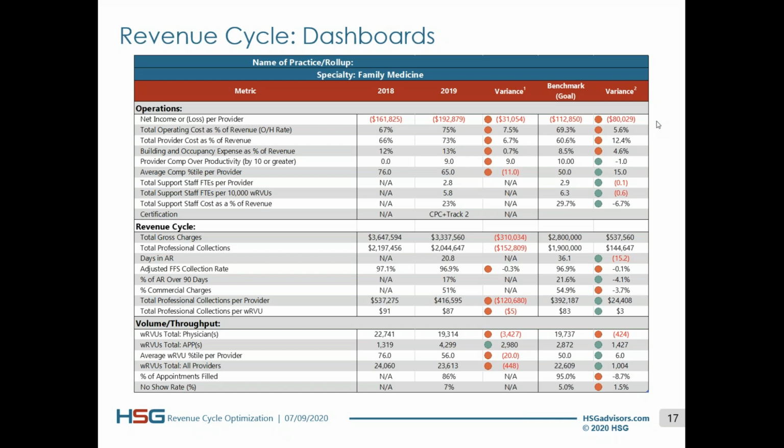We gave the full picture here, but it could be condensed, and there could be some metrics you want to add that are relevant or that you have access to. Third next available appointment is one that maybe shows up in the volume throughput that we don't have represented here. That would be a metric you might want to add to it.